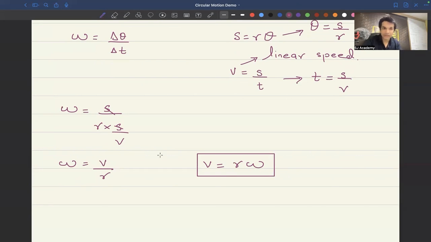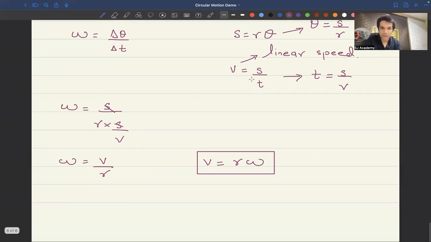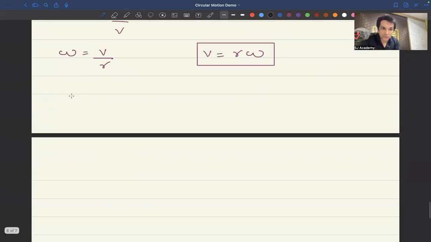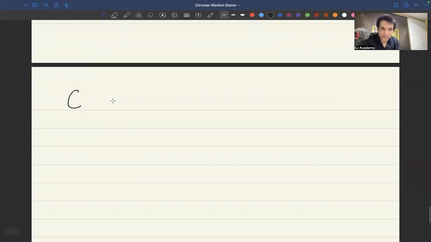Now we'll use this to form an expression for centripetal acceleration as well. So moving on to acceleration, basically we call it centripetal acceleration.